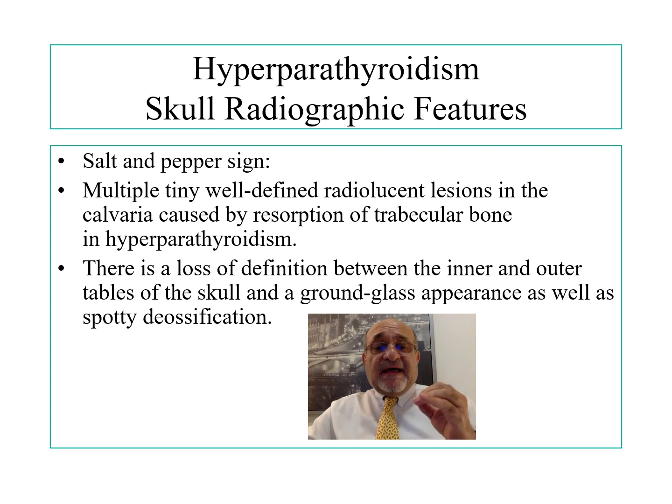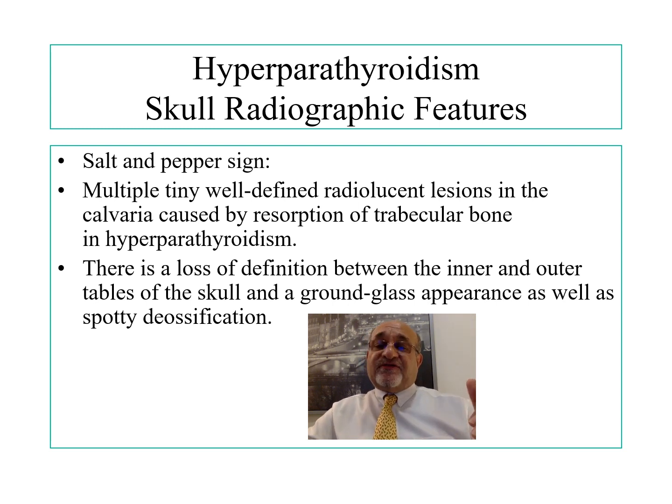As for the skull, it will have a characteristic appearance which is described as the salt and pepper sign. These are multiple tiny, well-defined radiolucencies in the calvaria, caused by the resorption of the trabecular bone in hyperparathyroidism.